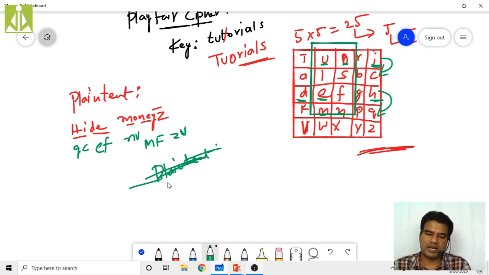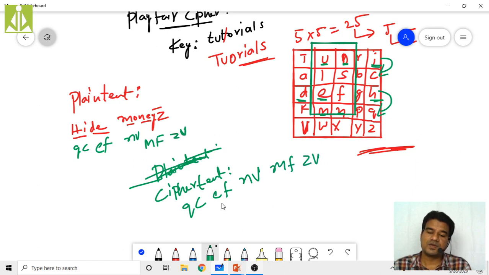We are not performing the decryption, we are performing the encryption. So the ciphertext you will get is QC, EF, NU, MF and ZV. Like this, the ciphertext you have to transmit to your friend over the public channel.